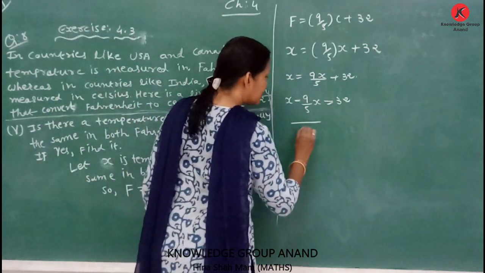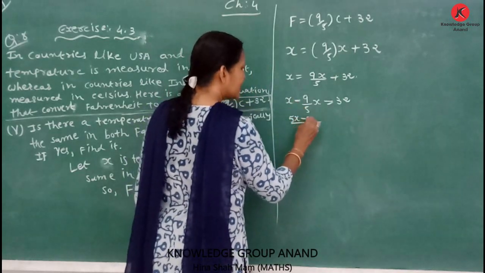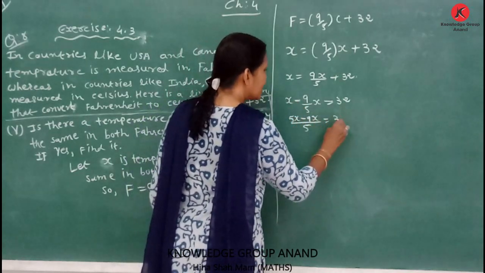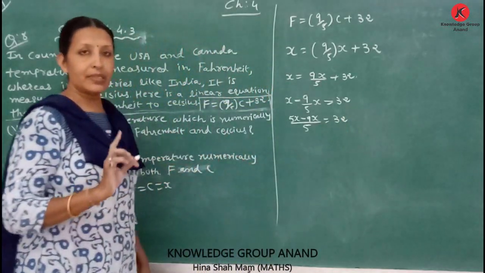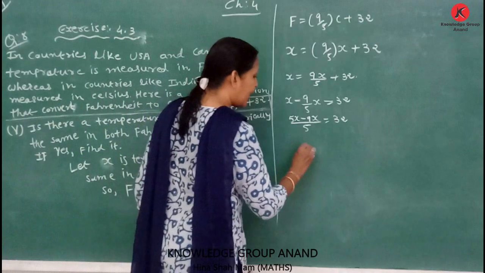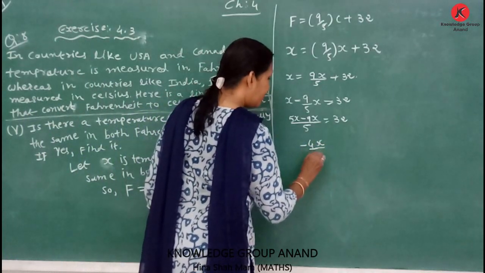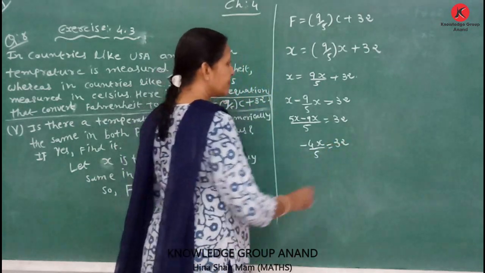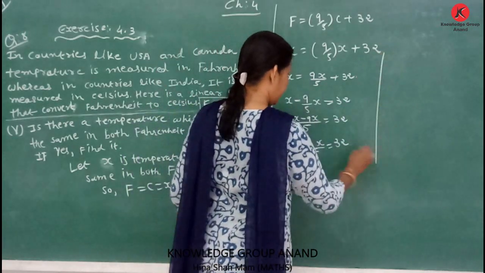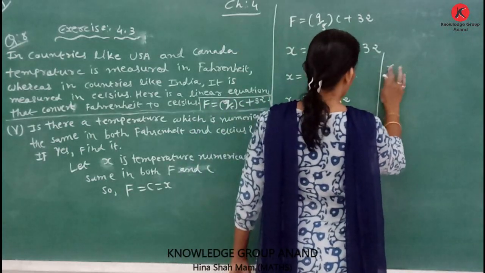LCM of these terms is equal to 5. 5X minus 9X is equal to 32, so minus 4X upon 5 is equal to 32.